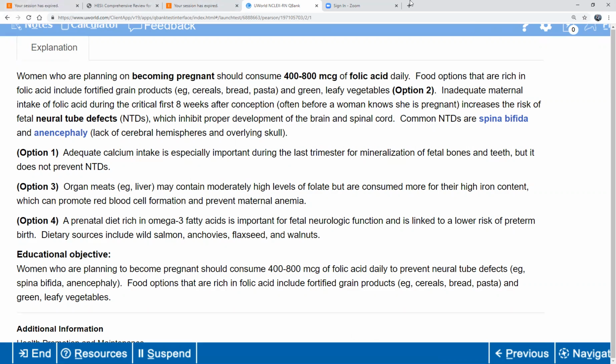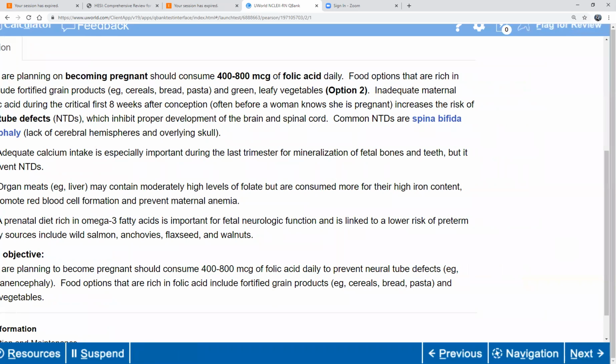No, the right answer was the fortified grain products, the fortified cereals. Oh, okay. And green leafy vegetables has a lot of it too. Yeah, if they put the green leafy vegetables in there, this is how they get you.